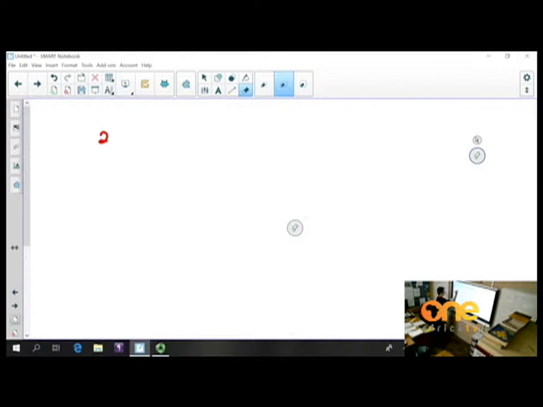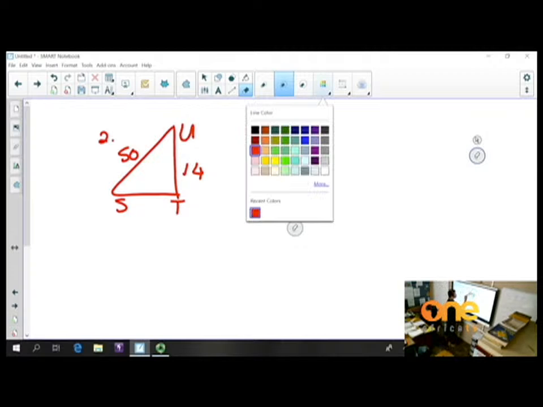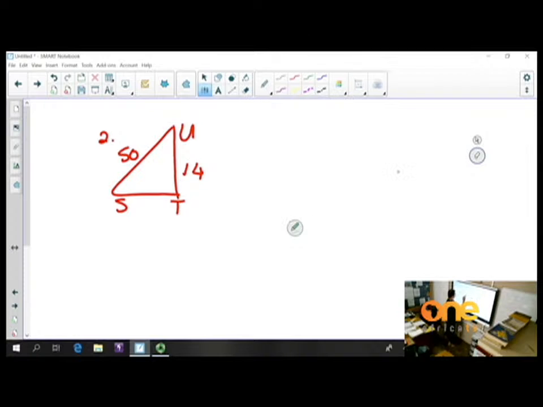Right, the second one. So this is triangle STU. T is 90 degrees, so STU. TU is 14. SU is 50. And we have to find ST. Are we going to add or subtract? We're going to subtract.